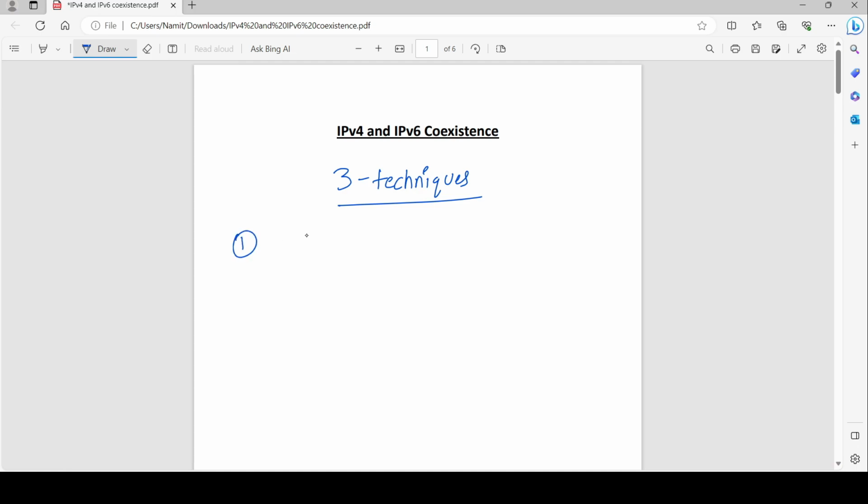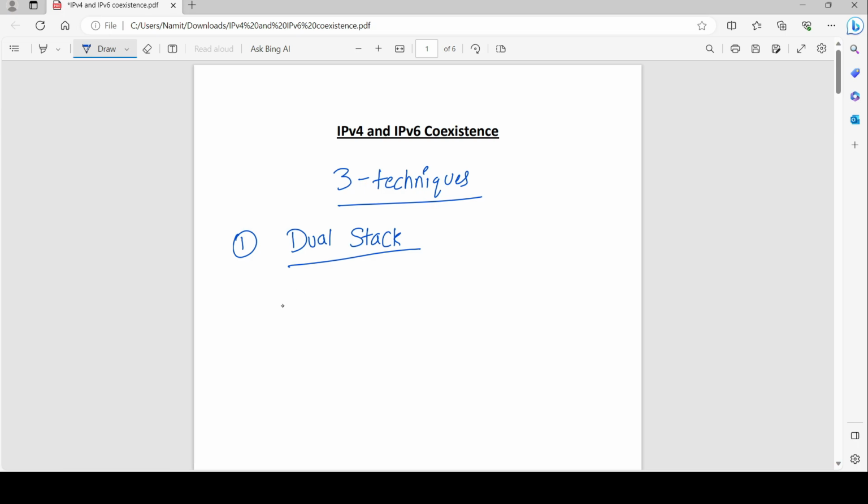The very first technique is known as dual stack. You can refer to my notes or my diagram that will be shared in the Telegram group. Pay attention to that and you will be getting the notes of it.